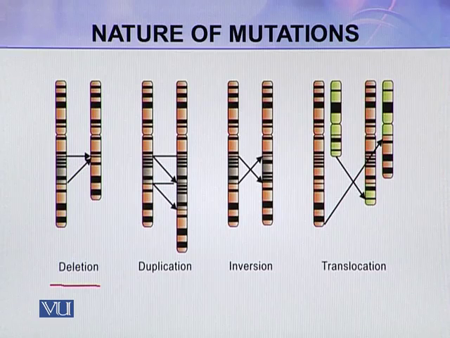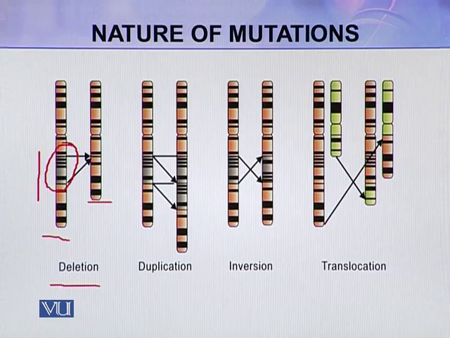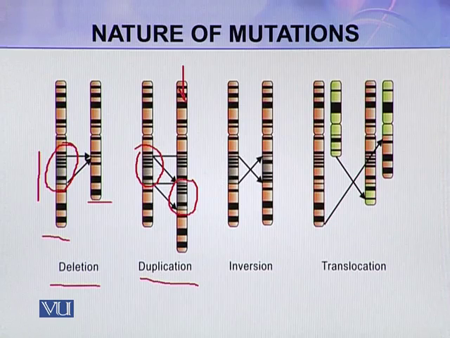In the case of deletions, this region is totally deleted from the chromosome. So this mutated chromosome is lacking this portion. In case of duplication, this portion is duplicated here. So this mutated chromosome has a double sequence, a particular sequence.